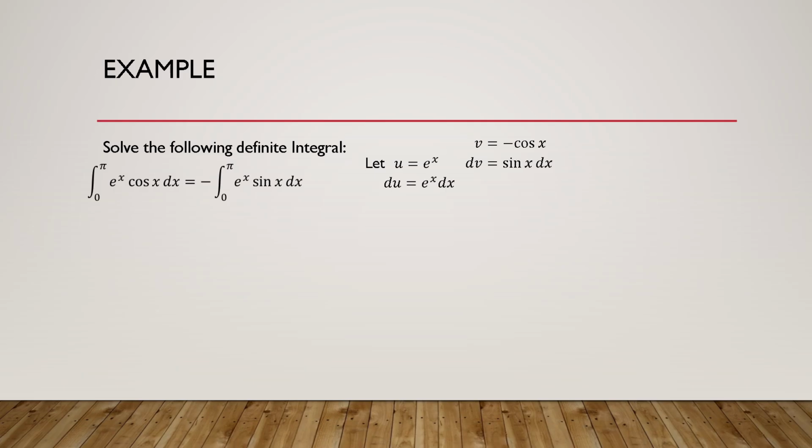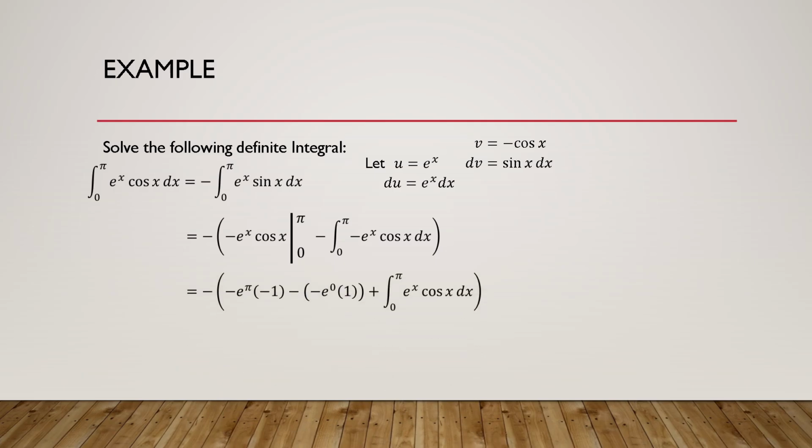Evaluating that integral by parts gives us minus the quantity of negative e to the x cosine x evaluated from 0 to pi, minus the integral from 0 to pi of negative e to the x cosine x dx. Evaluating the first half, we get minus the quantity of negative e to the pi times negative 1 minus negative e to the 0 times 1 plus the integral from 0 to pi of e to the x cosine x dx.